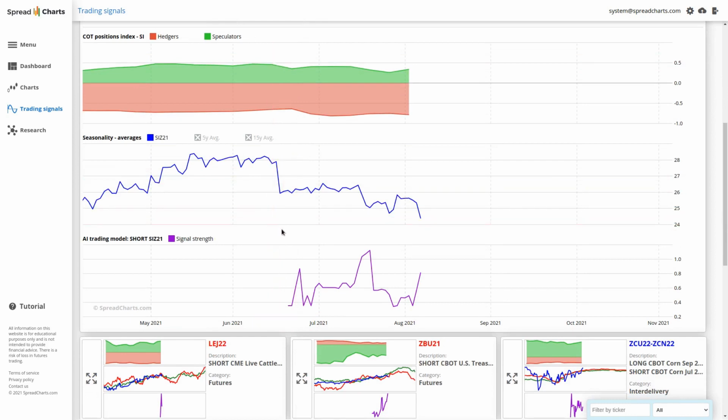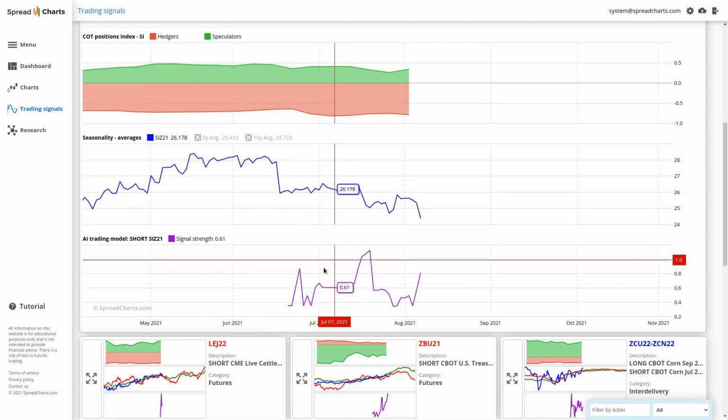And finally, the bottom subchart is the signal itself. The purple curve is actually the signal strength. It cannot drop below 0, and while there is no limit to the upside, the signals are scaled in a way that we consider a signal to be valid if it gets above 1.0, which is roughly this level, as you can see here.